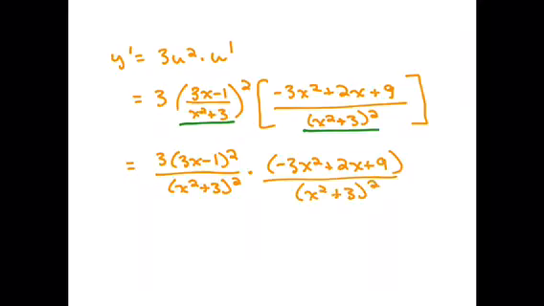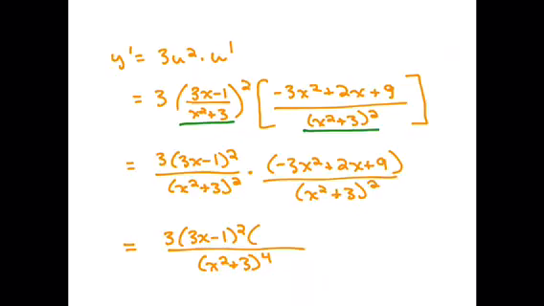And then I see that I can combine my denominators. They're the same thing squared times the same thing squared. So that'll give me (x squared plus 3) to the 4th in my denominator. And there's nothing that can be combined that way in the numerator. So we just get 3 times (3x minus 1) squared times (negative 3x squared plus 2x plus 9).